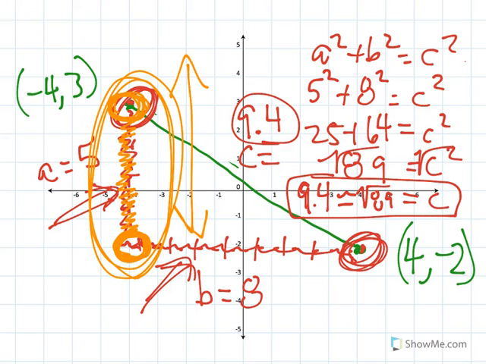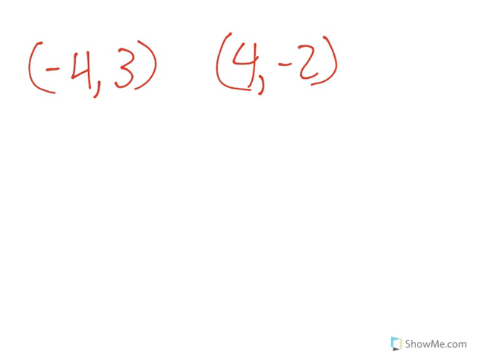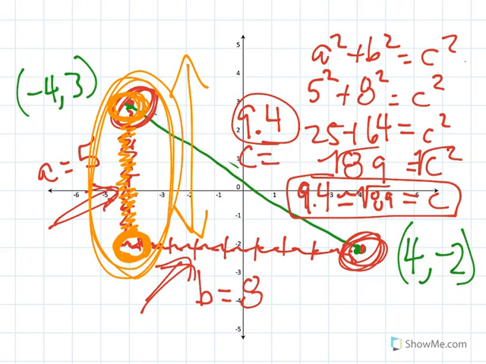I'm working in the up and down direction, which is the y direction, the y-axis. So what numbers am I concerned with? I'm concerned with the y values. It was a distance of 5 from this ordered pair to be in line with my second ordered pair.